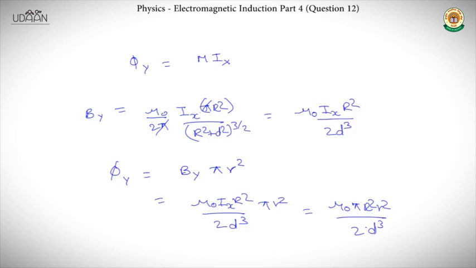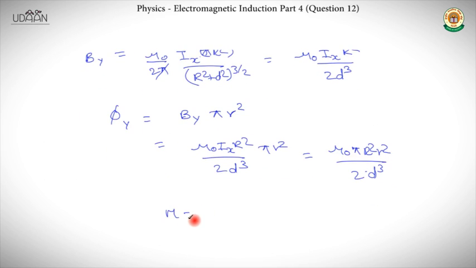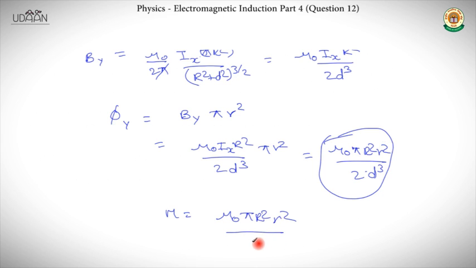Comparing the above equation and this equation, we will get M as this term. Exactly. So the mutual inductance of the two circuits will be mu naught pi R square r square by 2 d cube. That's right. So basically, this was a question on mutual inductance, a concept commonly asked in competitive exams nowadays. So this was question number 12.